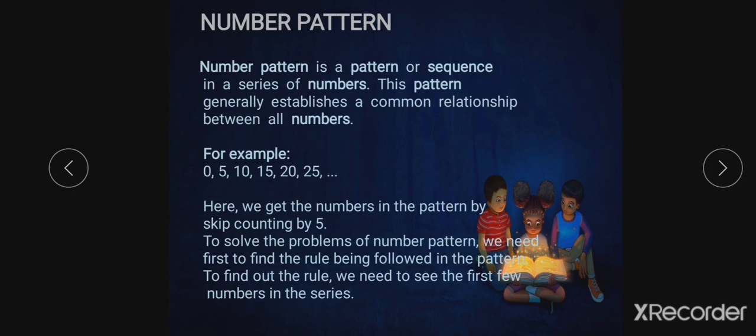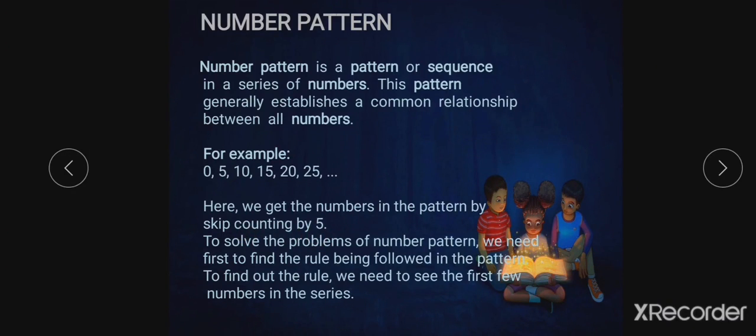So you can see there is a pattern or sequence in the series of numbers. You have to observe this pattern and find out, according to this pattern, what will be the next number. Here we get numbers in the pattern by skip counting by 5.